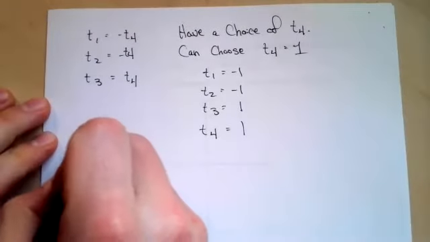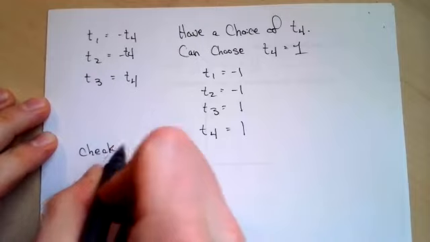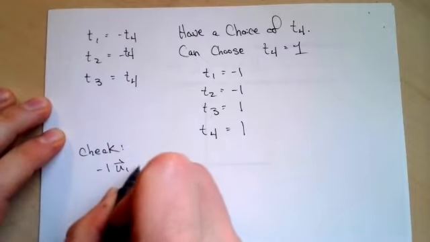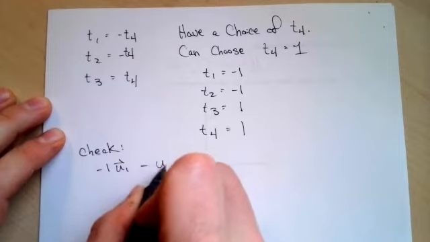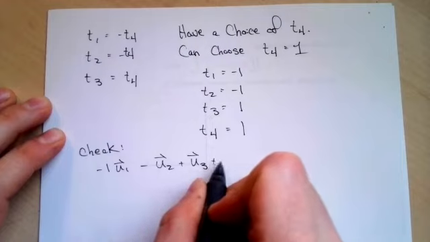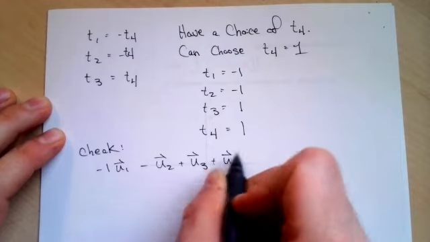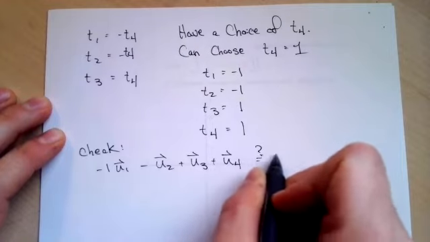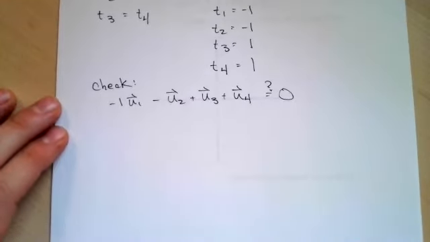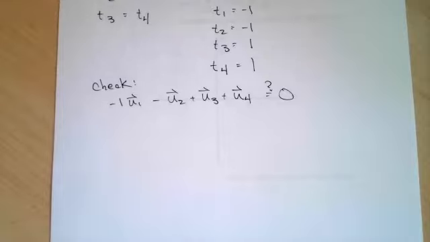And now we can check that -1 times our vector U1, minus U2 plus U3 plus U4, should we get 0, and let's go ahead and pull up our notes. We've been working with a lot of pages here.